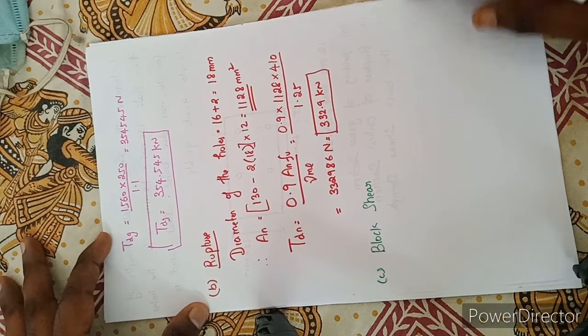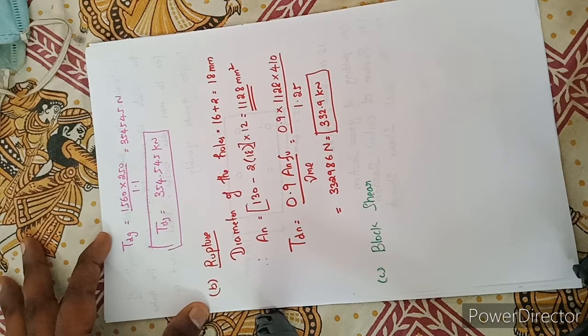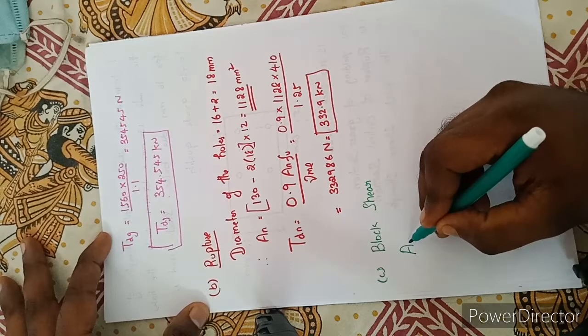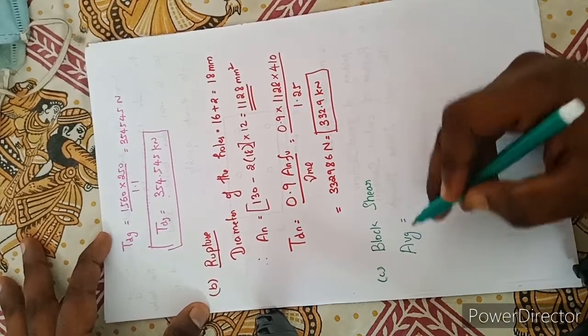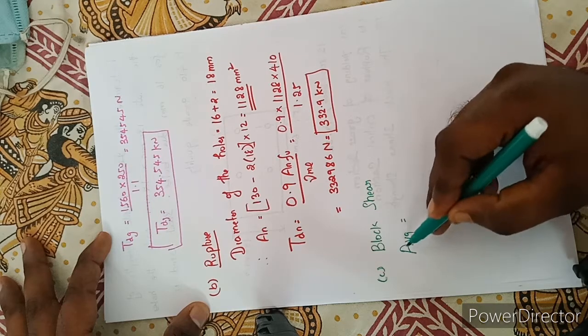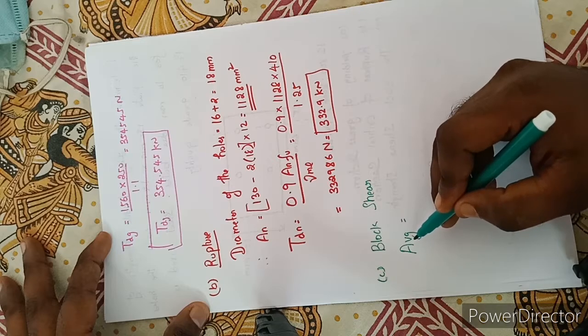Considering block shear, we have to calculate four values. Number one, Avg, which is the gross area along the shear plane.